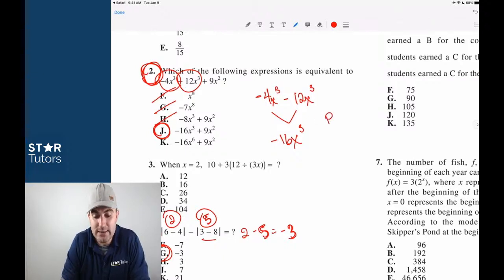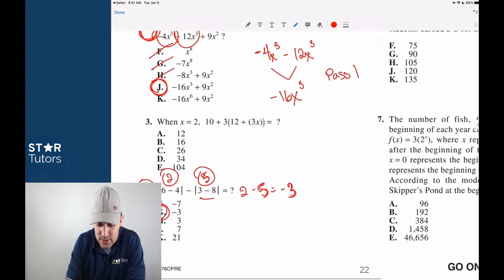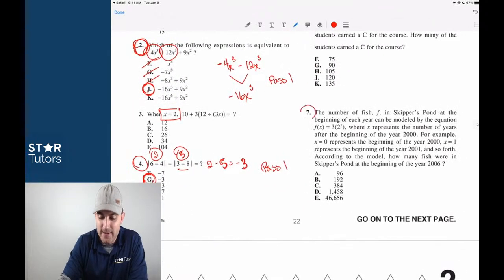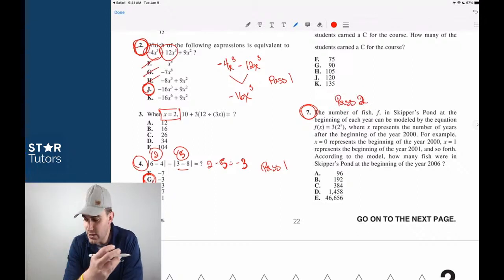These are pass one questions. We're looking for questions that take us no more than 20 seconds. Number 3 is a question that looks like that. Whereas even if question number 7 ends up being easy, in all likelihood, this is probably going to be a pass 2 question. If you skip these questions, it's not like this time just goes away.